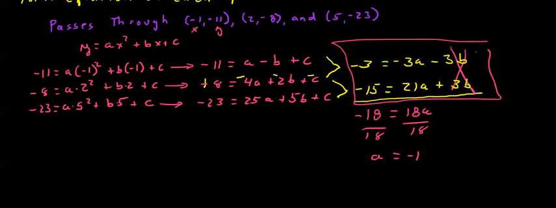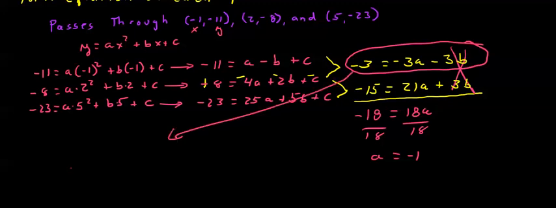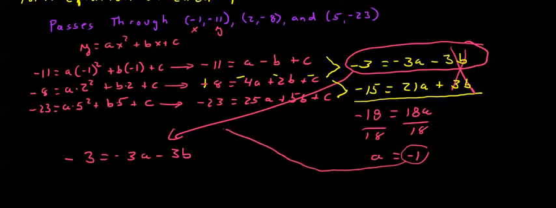Now, this equation right here, negative 3 equals negative 3a minus 3b, I'm going to solve by sticking negative 1 in for a.